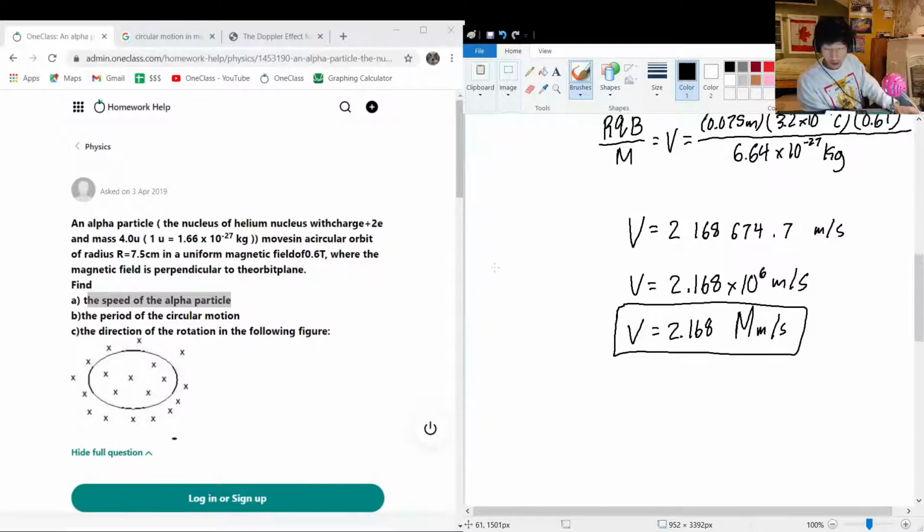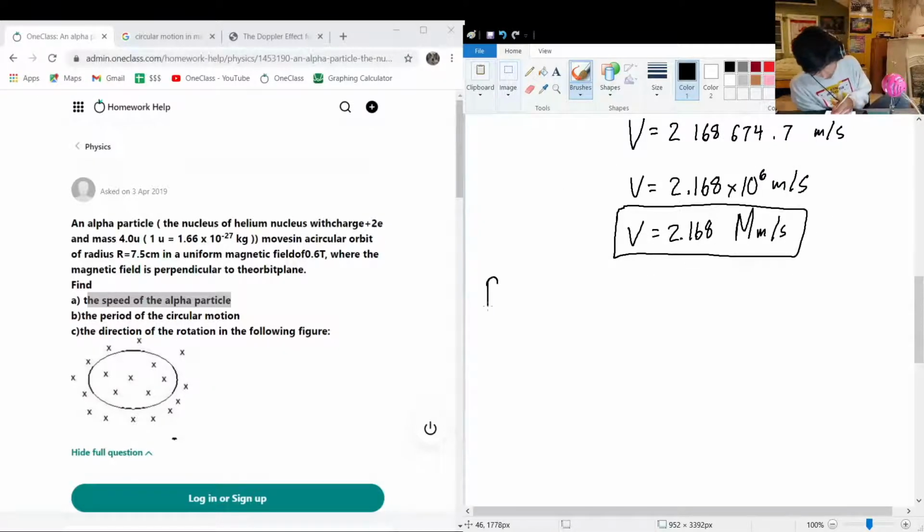That's awesome. Okay, now we want to find the period of the circular motion. Okay, so let's do that. Period, circular motion.